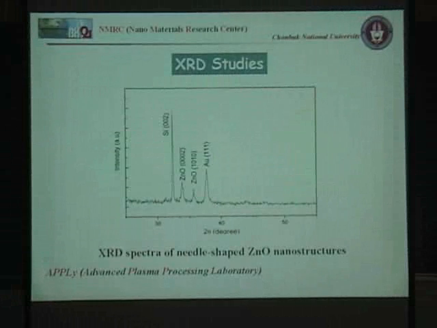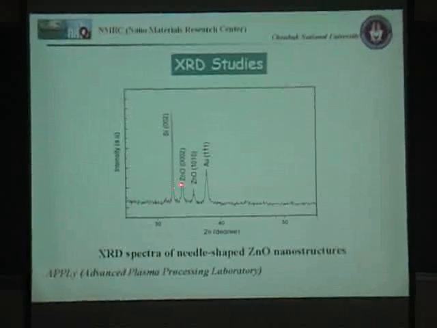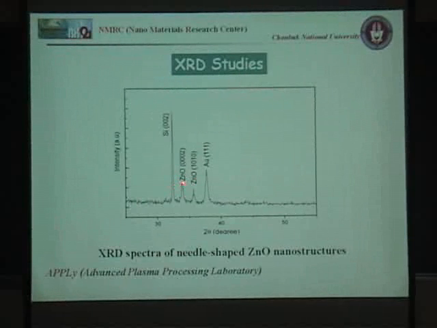The crystallinity of these structures was observed using X-ray diffraction patterns. In these patterns, we observe the zinc oxide hexagonal characteristic peak zinc oxide 0002, while another zinc oxide peak is 1010.